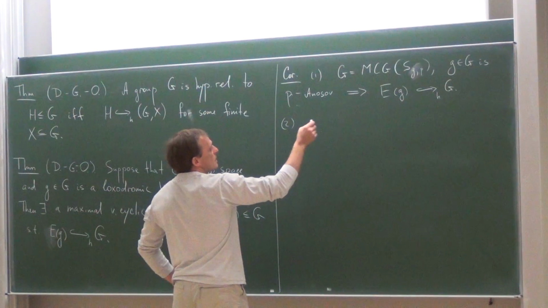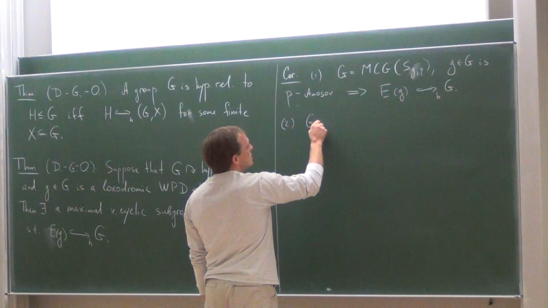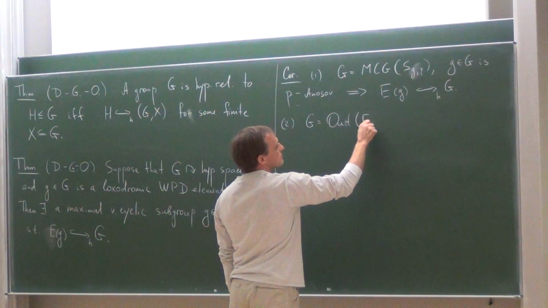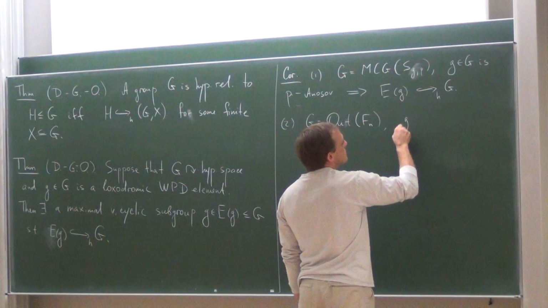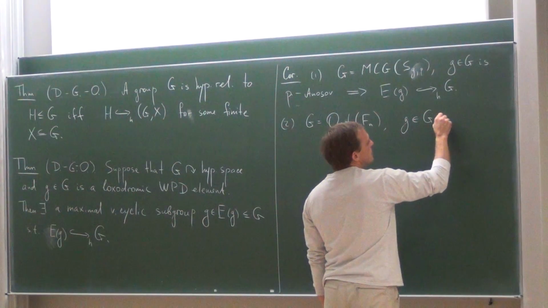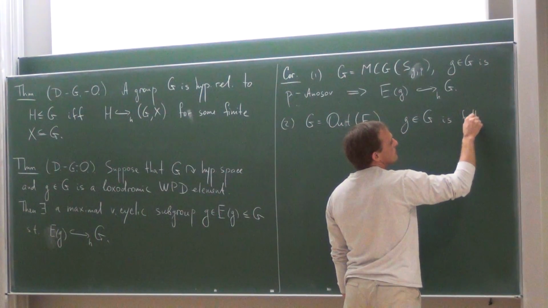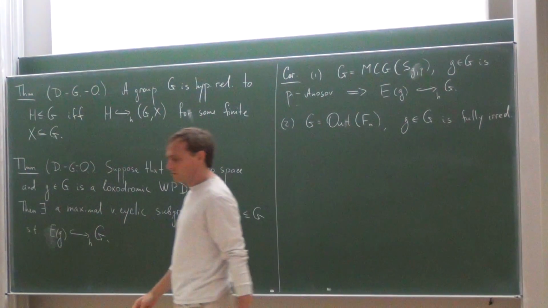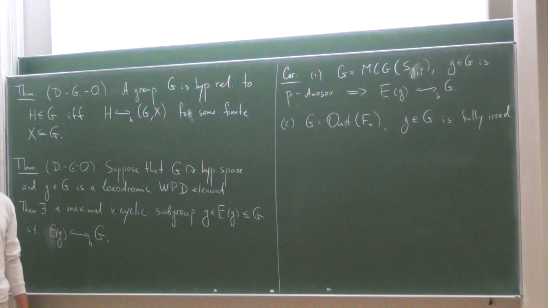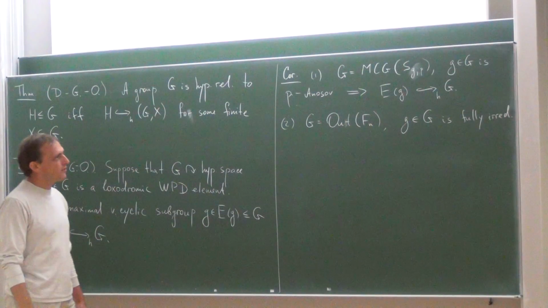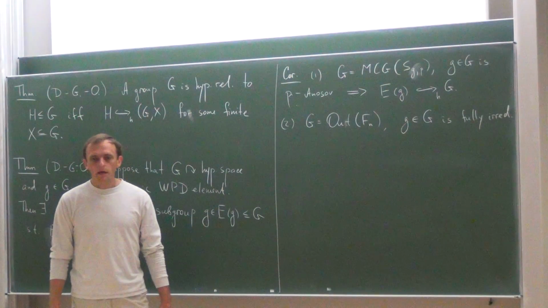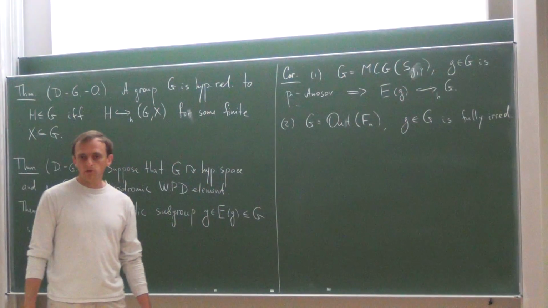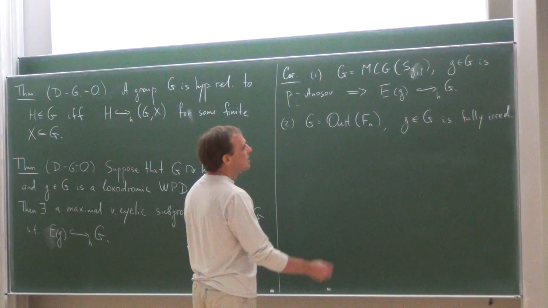And the second example: if G is Out(F_n) and g in G is fully irreducible, which means irreducible, meaning that it doesn't preserve any proper free factor up to conjugacy, and fully irreducible means that the element is irreducible and all nontrivial powers are irreducible.